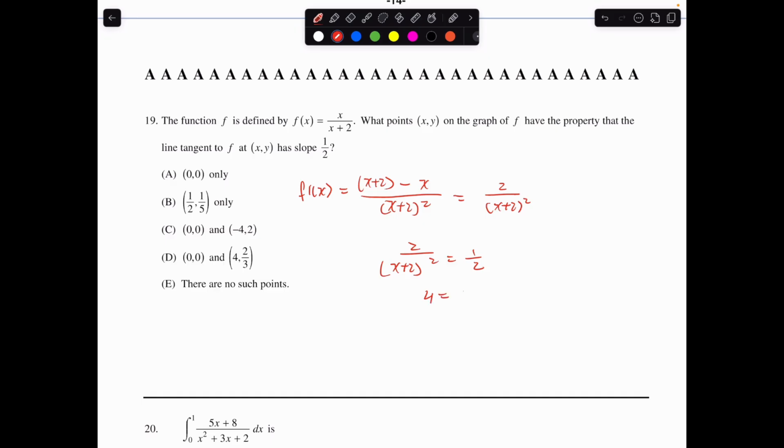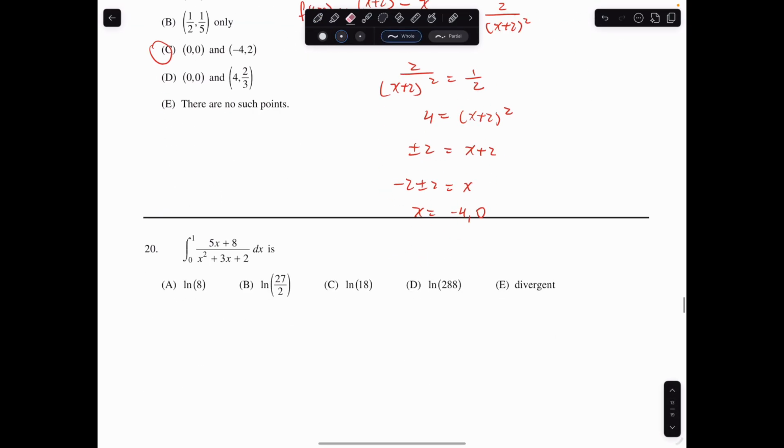So then 4 is equal to x plus 2 squared. If I take the square root, I have plus or minus 2 is equal to x plus 2. So then negative 2 plus or minus 2 is equal to x. So my x is equal to negative 4 and 0. So it seems like my answer is C. Those are the only ones that satisfy the x value.